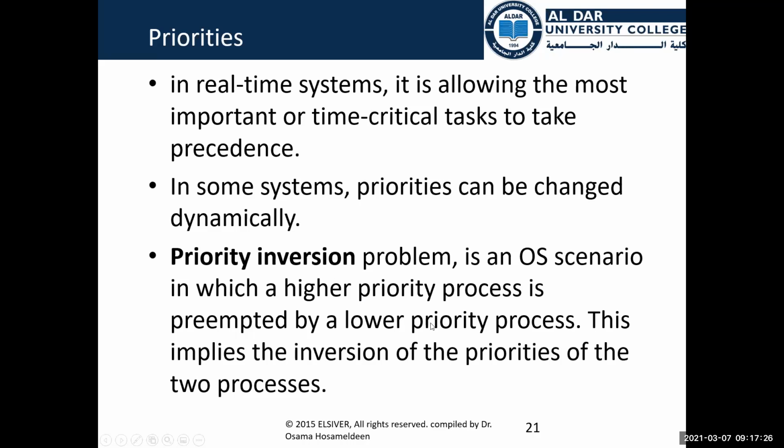It's like the lower priority process is interrupting the higher priority process. This means the lower priority process becomes of high priority. The high one becomes the low one and the low one becomes the high one. It is inverted, that's why it is called inversion. Swapping roles: the high priority becomes low priority and the low priority becomes high priority. And this problem happens in the operating system too.